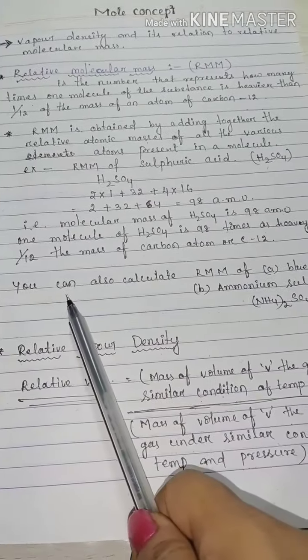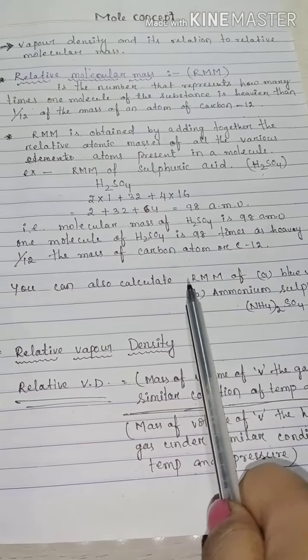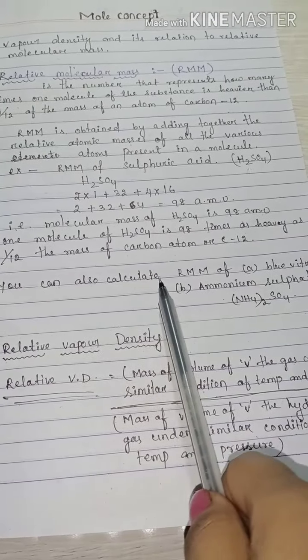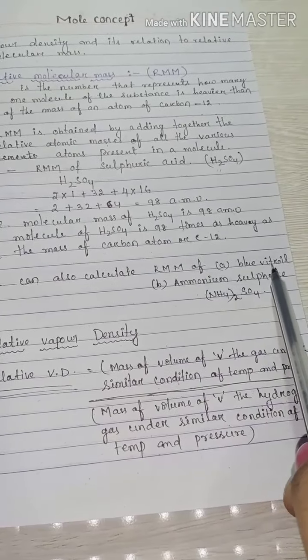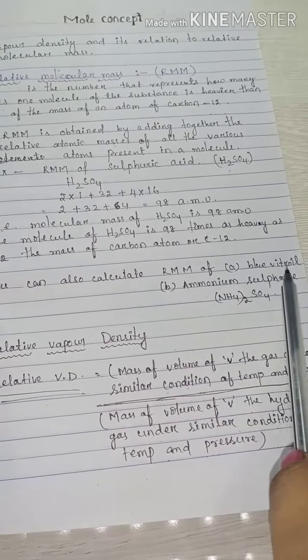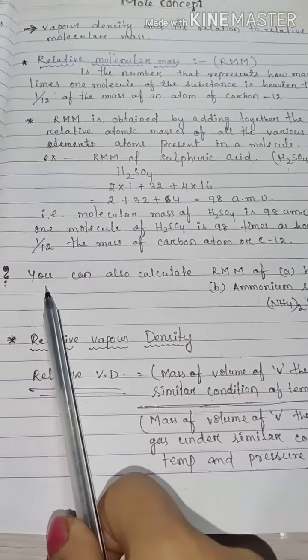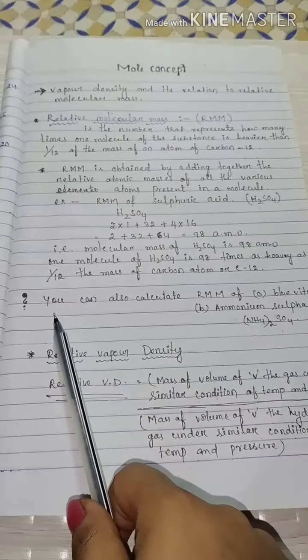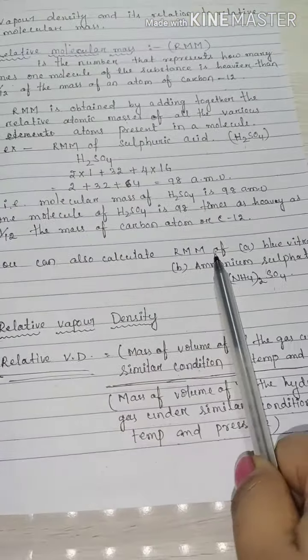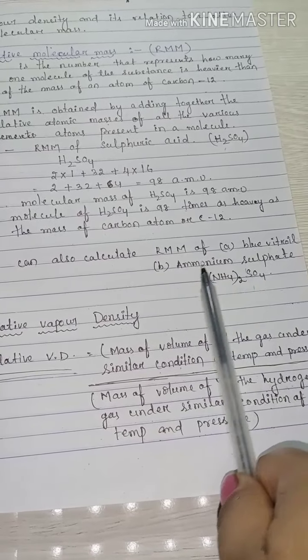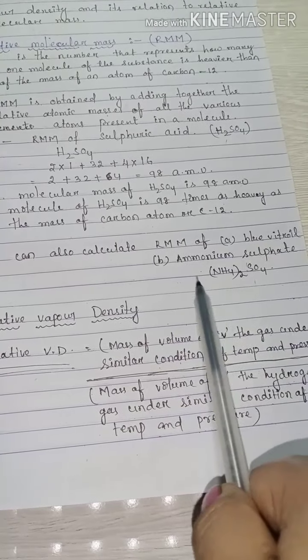Here I have given some easy calculations of relative molecular mass of some compounds. You have to do this in your chemistry note. It is asking to calculate the relative mass of blue vitriol and ammonium sulfate. The formula is also given.